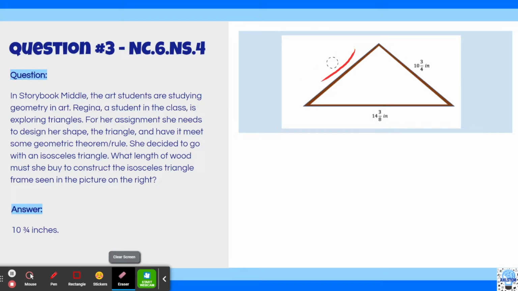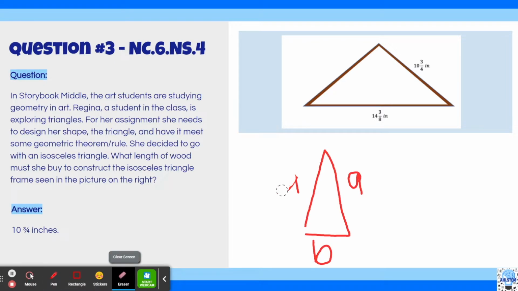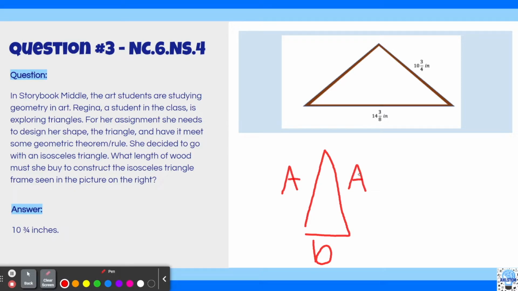So using our basic geometric rule, we know that an isosceles triangle has to have two sides that are the same and one side that is different. That is an A, by the way. Here, I'll make that a bit clearer to see. Okay, two sides that are the same and one side that is different.